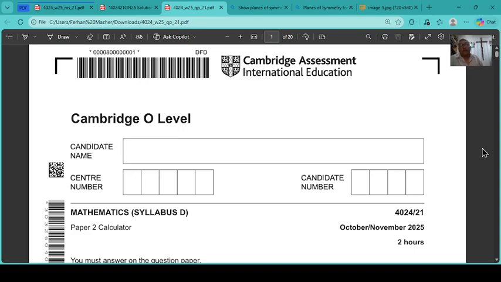Remember one thing, the paper and the marking scheme which we have used in this paper is the property of the Cambridge Assessment International Education. I have only used that paper and the marking scheme for educational purposes. I have written the solution, but the paper and the marking scheme is the intellectual property of the CAIE.